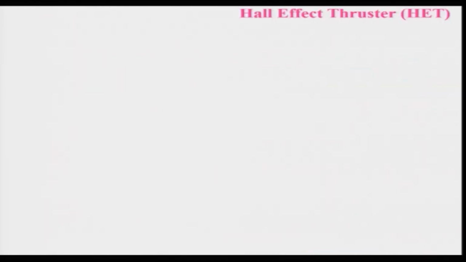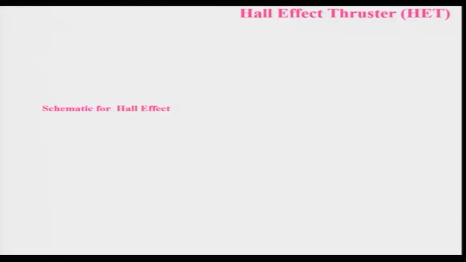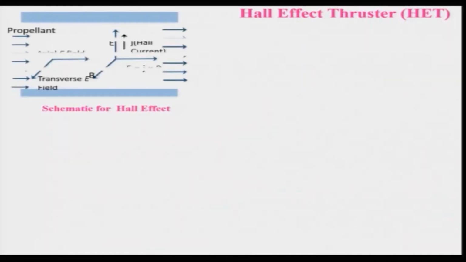Now, let us look at another rocket engine, that is known as the Hall effect thruster. In the case of the Hall effect thruster, let us understand what that is. For that we will have to look at the field we are considering. This is the propellant which will be passing through, with an axial electric field and a transverse field, right.